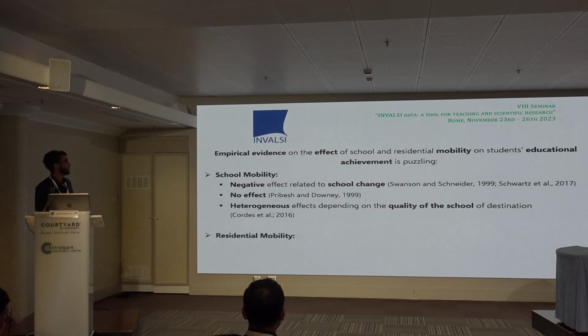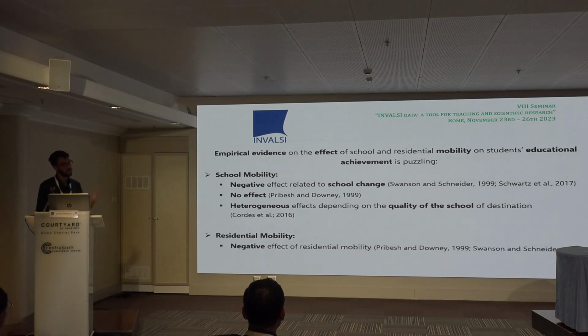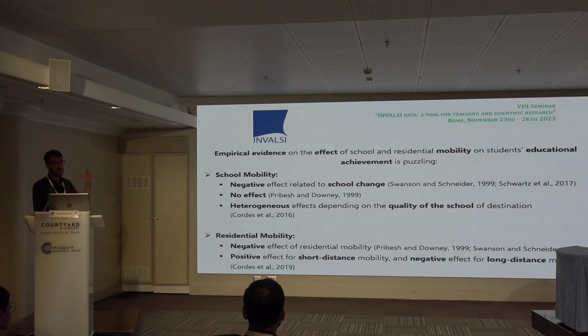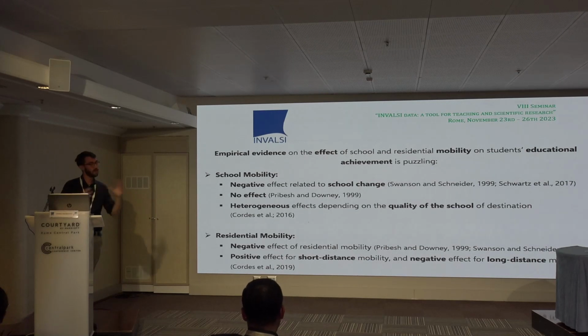On the other hand, in studies on residential mobility, some have found negative effects. Others, looking at the effect of residential mobility depending on the distance of the move, found a positive effect for short distance mobility and a negative effect for long distance residential mobility.